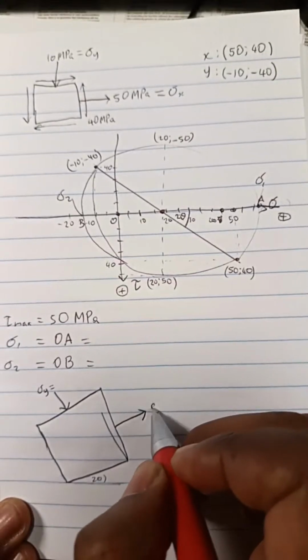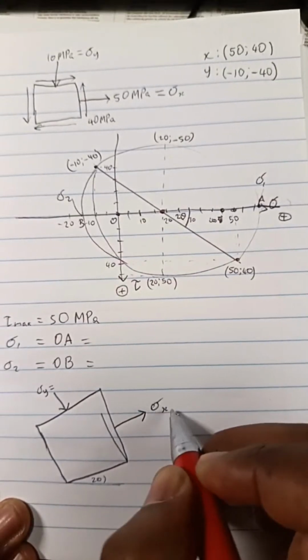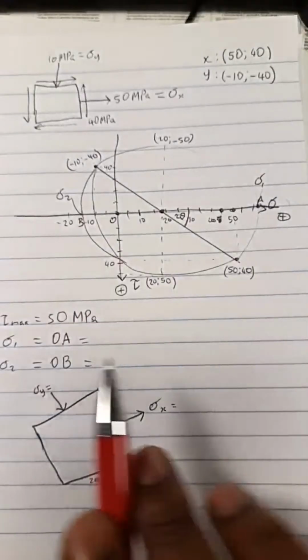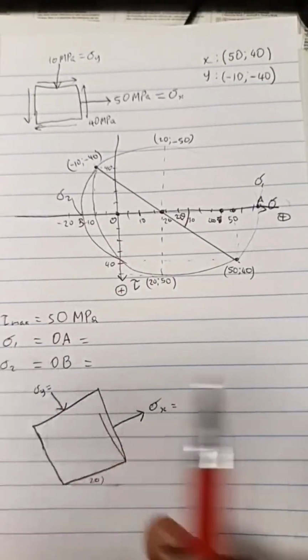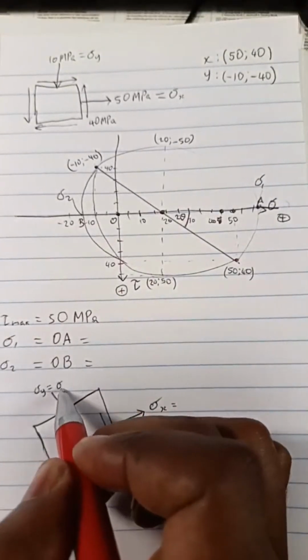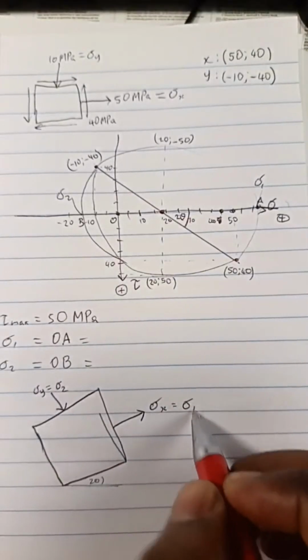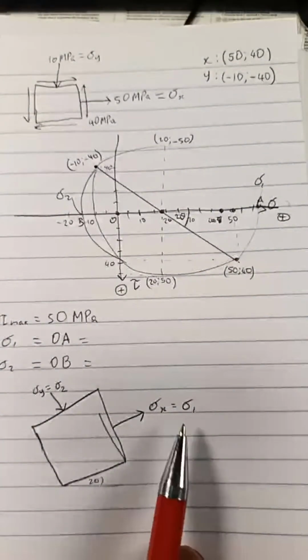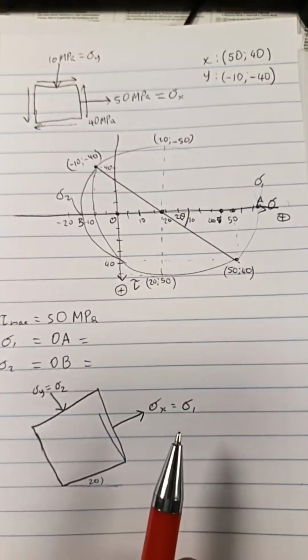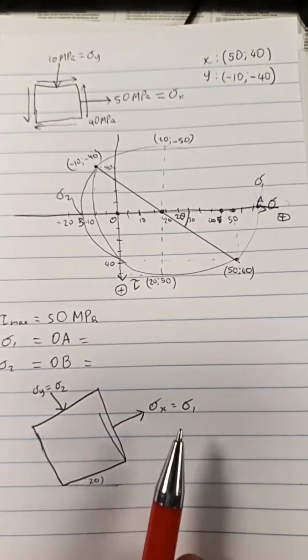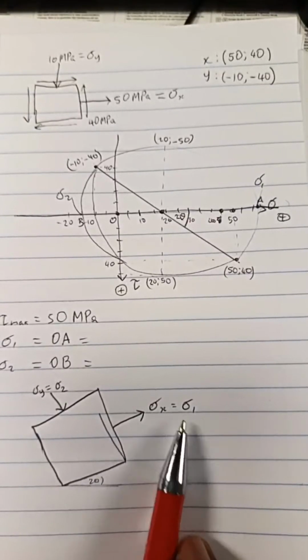So this stress will equal that one, stress 1. So this is stress 2, this will equal stress 1. That is how you draw it in its transformed position.